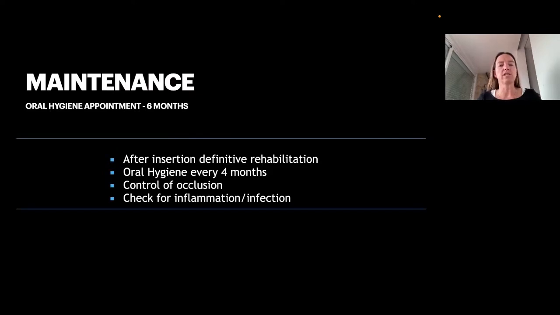So after the insertion of the definitive rehabilitation, they will come for the appointment, and then usually the oral hygiene appointment, depending on case to case, will be in 4 months or 6 months, depending on the patient, the type of case, and also the risk that we have of peri-implant disease around their implants.